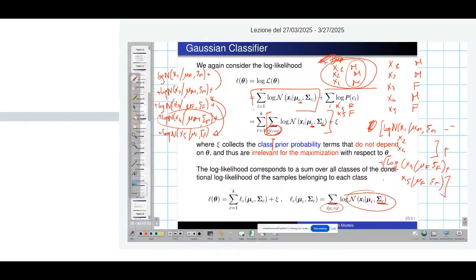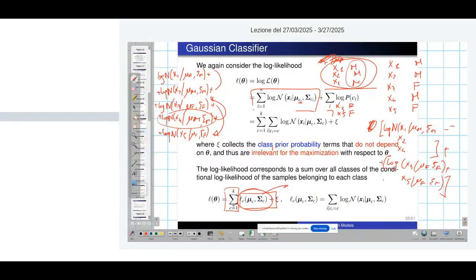And notice that the summation over classes here each time considers a different class, and the parameters inside each sum are independent. What does it mean? It means that writing the summation in this way, I can decompose my log likelihood into a sum over classes of likelihoods. Each of these likelihoods depends on a different set of parameters.